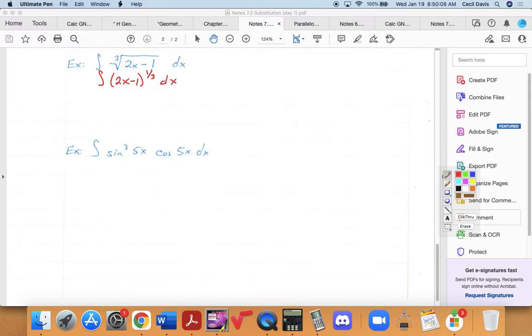And at first you might think, well, that's not really a candidate for u substitution, but is it a composite function? Yeah. And what's the derivative of 2x minus 1? 2. Well, I don't have a 2 outside, but I can compensate for that, right? So I'm going to let u be equal to 2x minus 1.